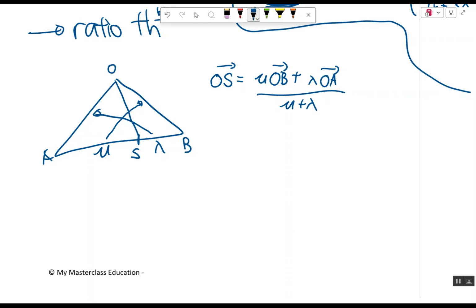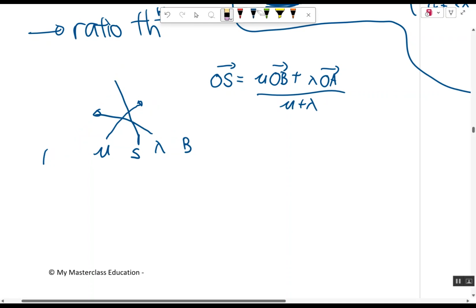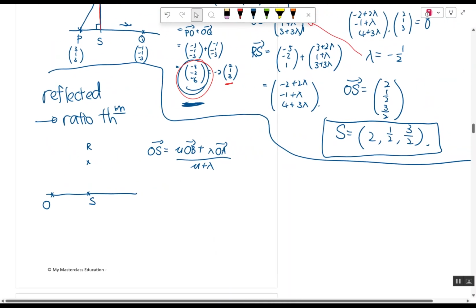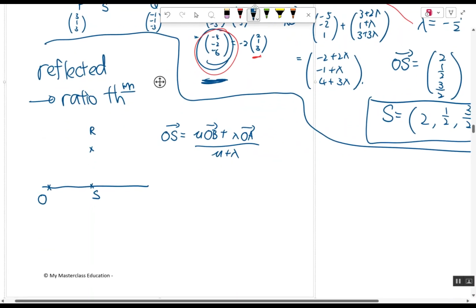So in this case, looking back at the question, we already have R, which is on top of the line, and S, which you just found. Now you can take P, but it will make things confusing. It's easier to take O. O may not lie on the line, but it will still work as a whole. Now when it is reflected, we draw this triangle here.